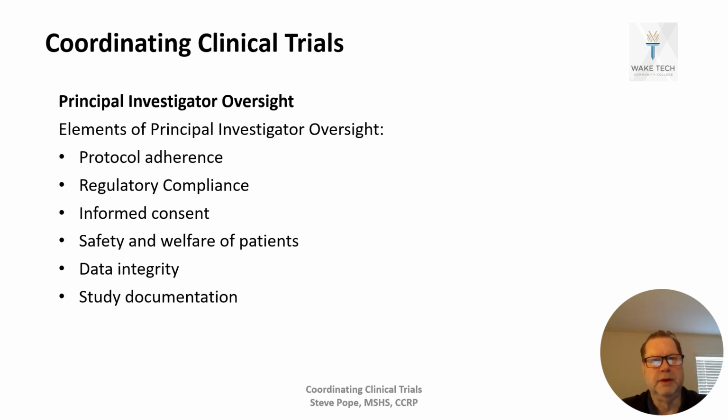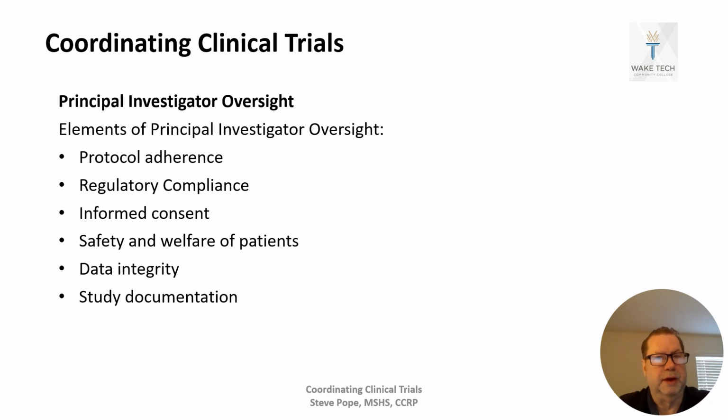Is the study meeting all regulatory requirements for FDA, or in this case ICH E6 R2? You've got informed consent. Informed consent means every subject has the opportunity to be informed about the study before they consent to participate. So that's a big area.